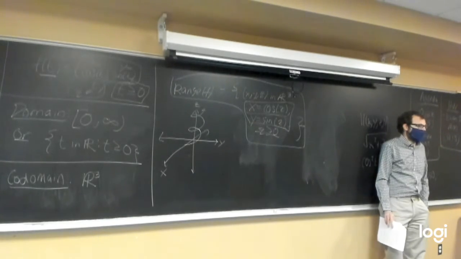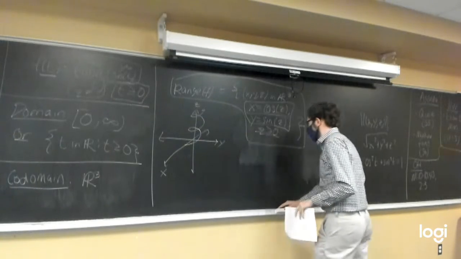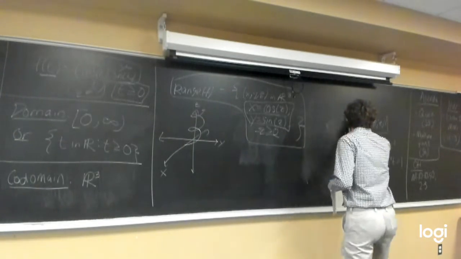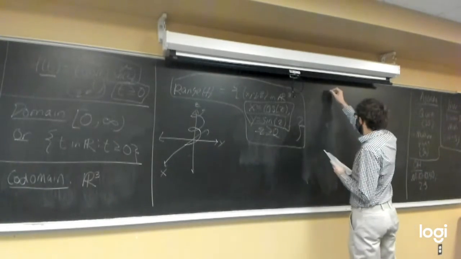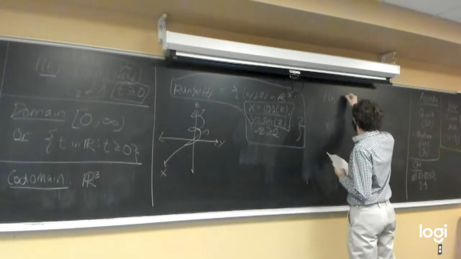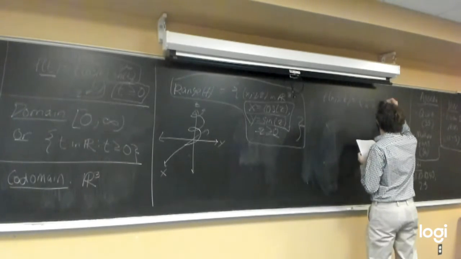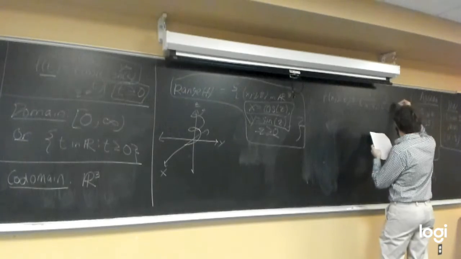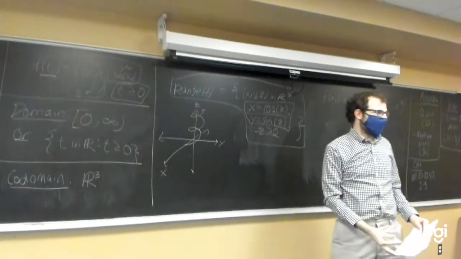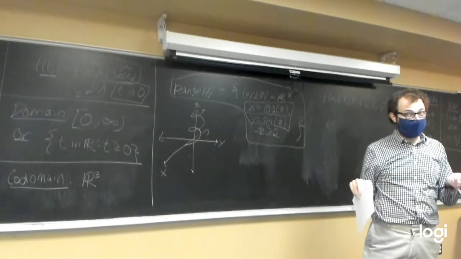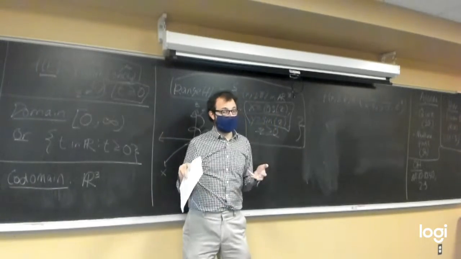Tell you what, I'm going to give you all one more to look at, and I'm going to let you all think about this one in small groups again. Let's look at the function f of x, y, z equals 1 over x minus 5, 1 over y minus 5, z cubed. I'm going to give you all a couple minutes here, and I'm going to challenge you to see if you can find the domain, the codomain, and the range of this function.